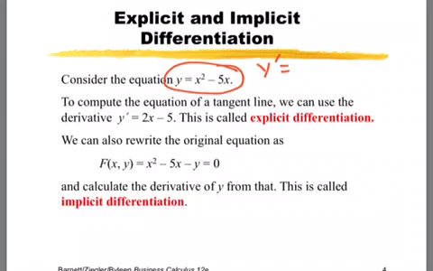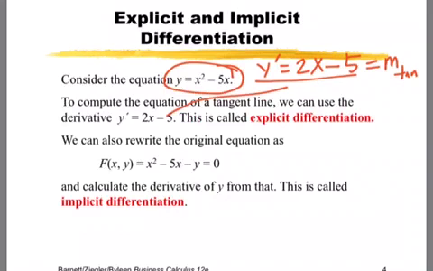Just moving the exponent for x, 2, out in front, reduce the 2 by 1, minus 5, bring the 1 out in front, 1 times x to the 1 minus 1, which is 0. So we had y prime was equal to 2x minus 5. Now, this was the slope of the tangent line.